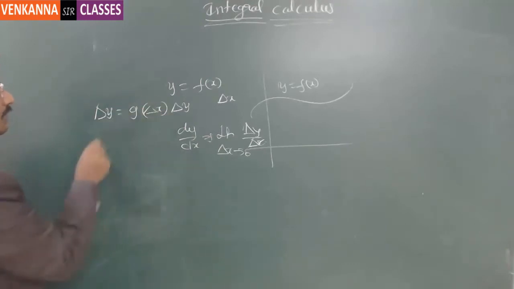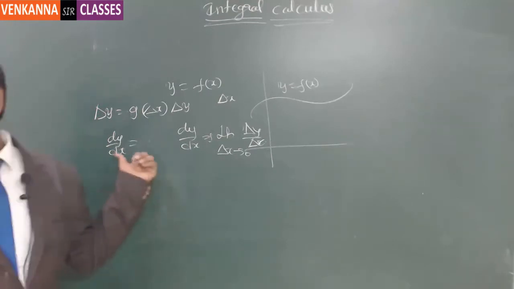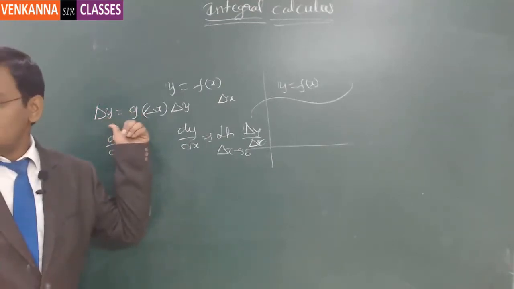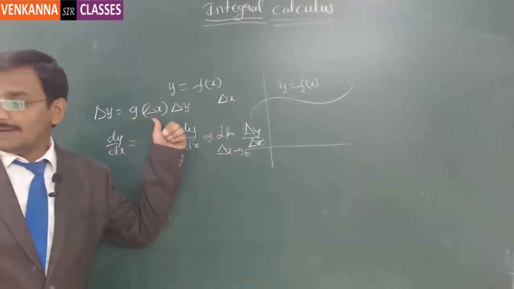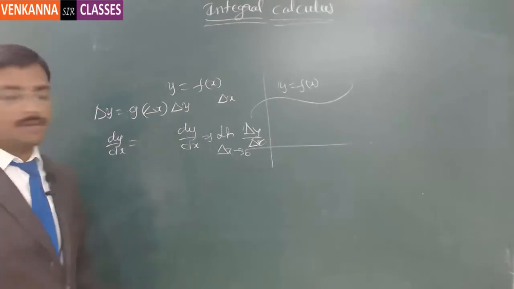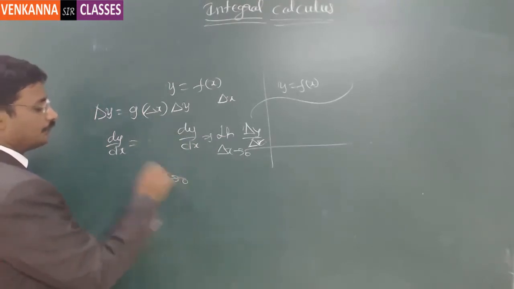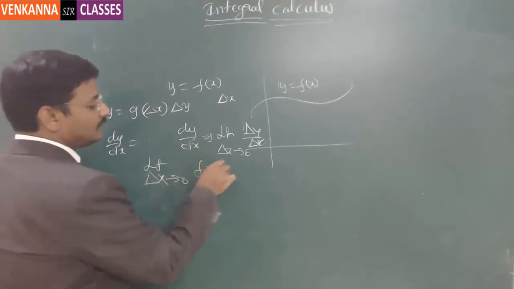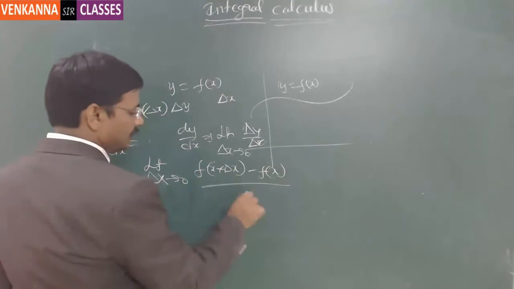So this is nothing but dy by dx. Got it? So dy by dx is a relation where delta y is a function g of delta x. This is what is defined as the derivative, and the fundamental definition of the derivative will be limit delta x tending to 0 of f of x plus delta x minus f of x divided by delta x.